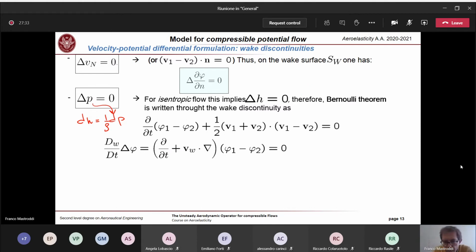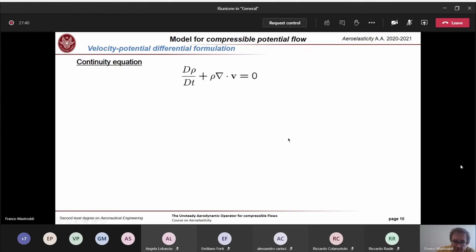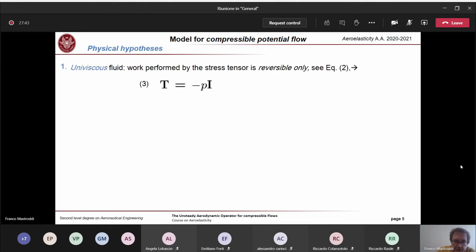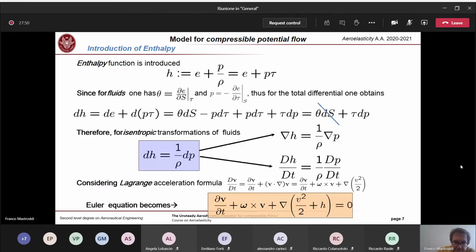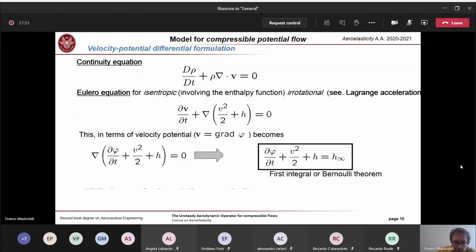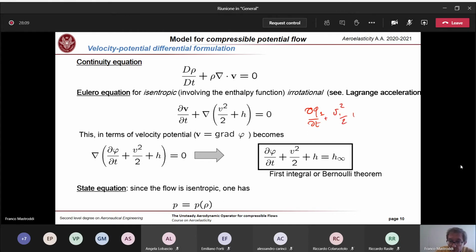And therefore, if you consider the Bernoulli theorem in our compressible form, it states that if you take this equality in terms of jump, you have that phi_t plus v1 squared over 2 plus h1 is equal to the same quantity in point 2, phi_t plus v2 squared over 2 plus h2.